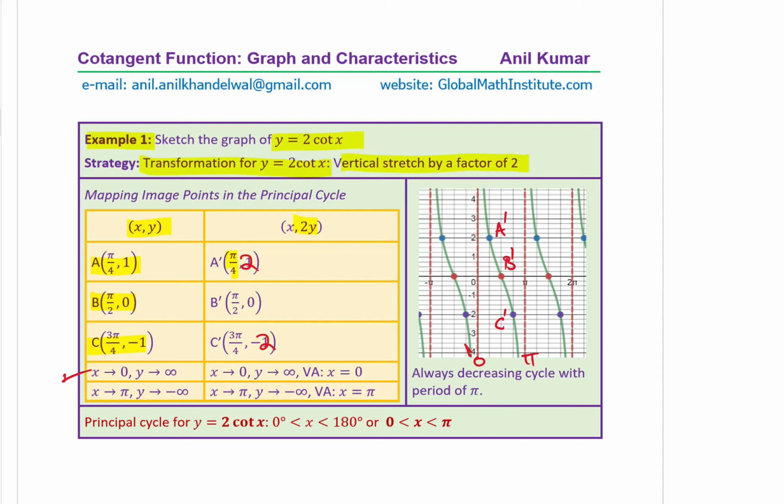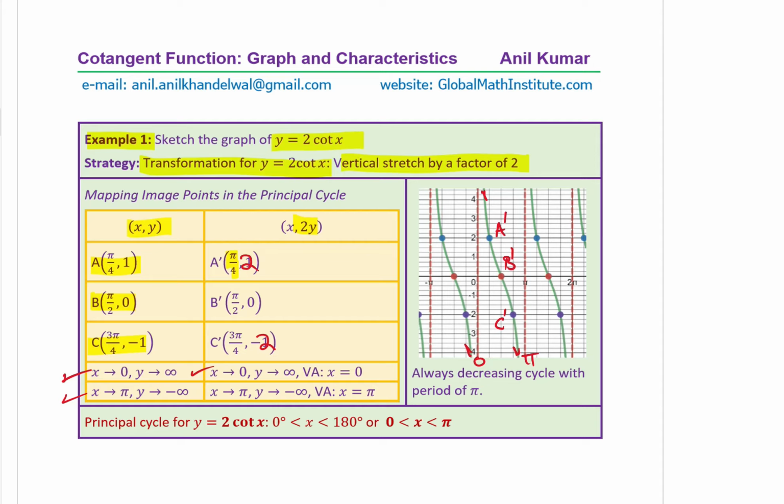Twice infinity is also infinity. So it is the same vertical asymptote. Similarly, at pi, we have a vertical asymptote where the graph is approaching negative infinity. So the points A dash, B dash, and C dash can be connected with a smooth curve which is decreasing within the interval 0 to pi.